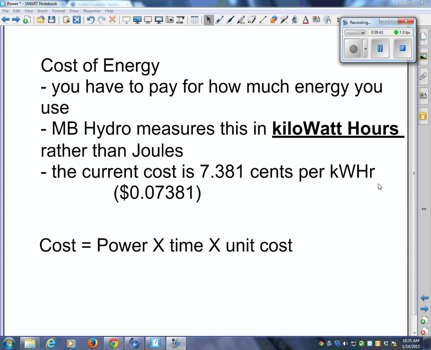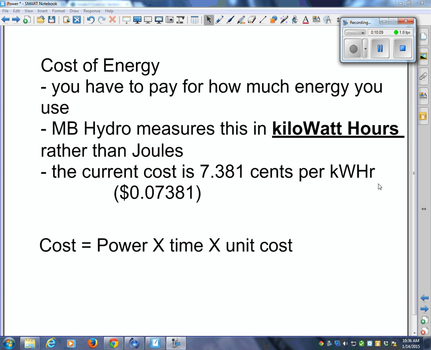What do you think a kilowatt is? It's 1,000 watts. Well done, Tyler, because the word kilo means 1,000, like kilometer, 1,000 meters. Kilogram, 1,000 grams. Kilowatt, 1,000 watts. A kilowatt hour is using 1,000 watts non-stop for an hour.